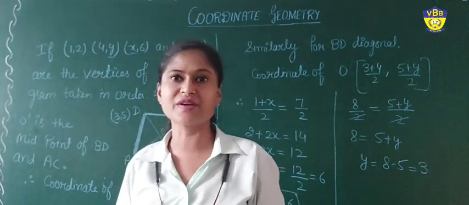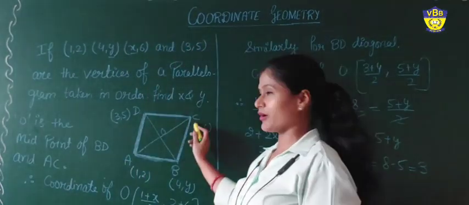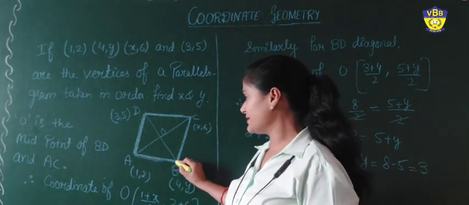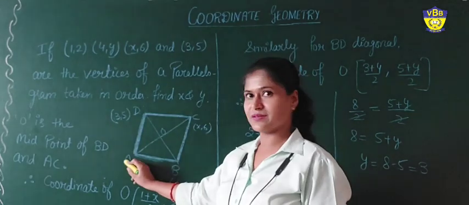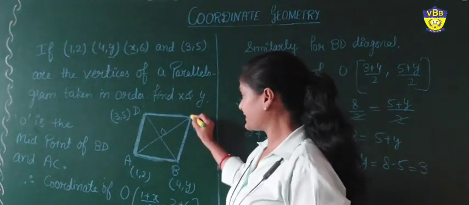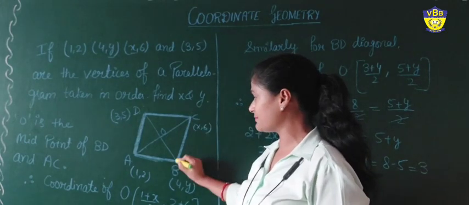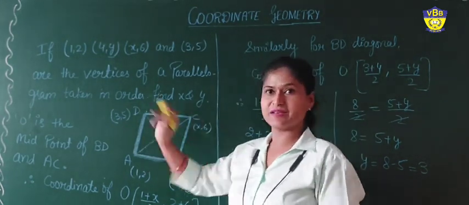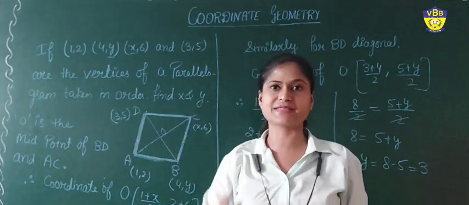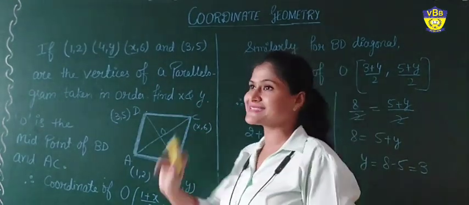It's your choice, but it should be in cyclic order. You can't take it like A, B, then C and D.